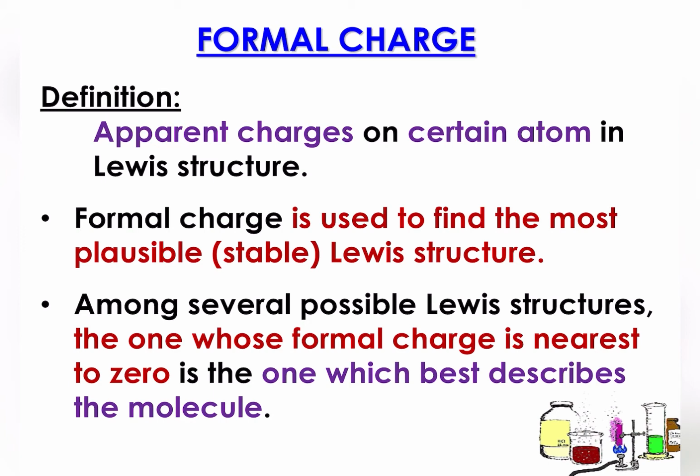From those structures, to know the best one, you have to see the one whose formal charge is nearest to zero. So determination of formal charge is very important to know which Lewis structure is the most plausible.